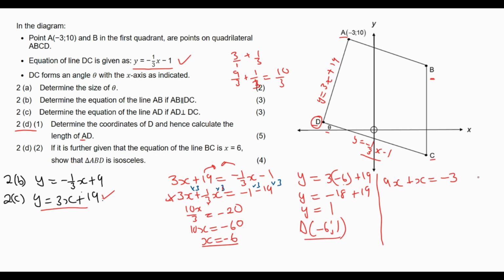Then 19 times 3 is 57. And then it becomes 10x is equal to -60, and x is equal to -6. We could have done that. The coordinates of D are these ones.